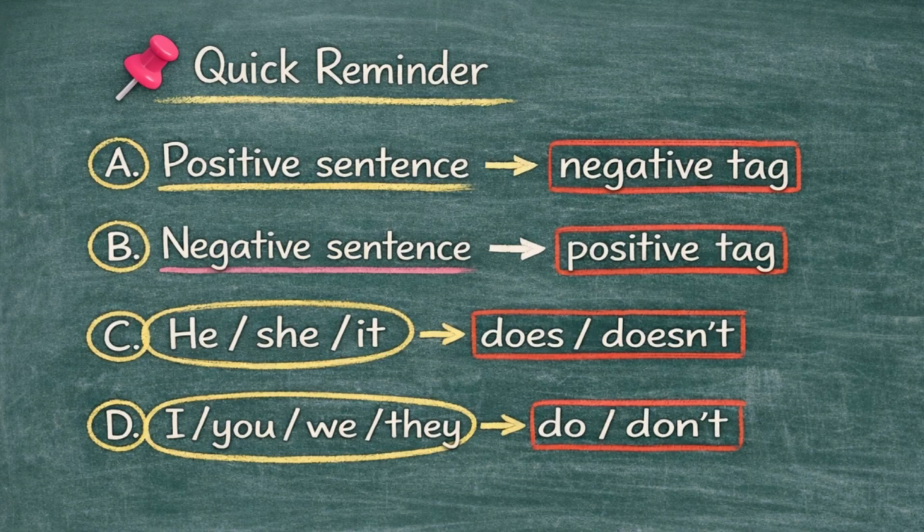Positive sentence receives negative tag. On the other hand, when the sentence is negative, the tag question should be positive. Is that clear?